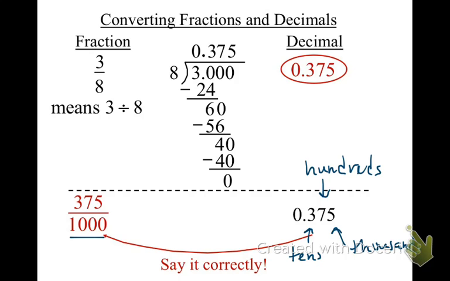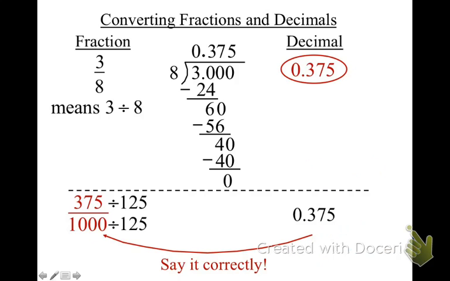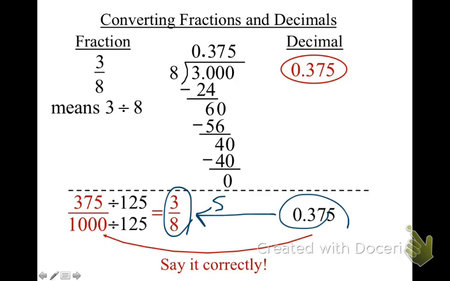That's why we have 1,000 here, because of the last place of our last number. And this fraction, 375 thousandths, if we divide it by 125 each, what do we get? We get 3/8. So that's telling me that this decimal is the same exact thing as this fraction. They are equivalent. They are the same. They're just in a different form.